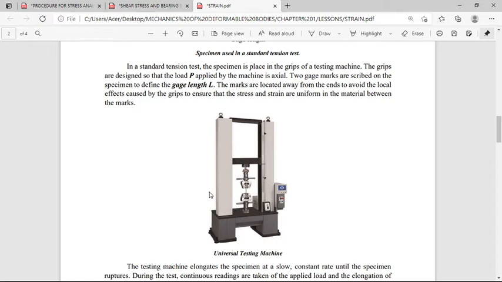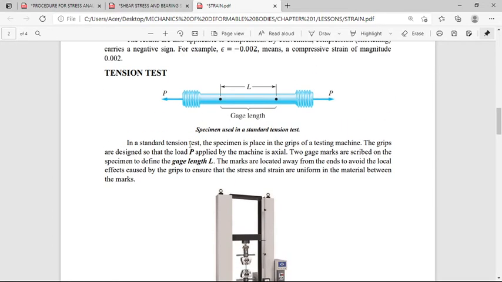Pwede ring meron kang separate material tester just only for tension and one only for compression. But with the universal testing machine, you can test both tension and compression. Ayun. Back to the discussion.